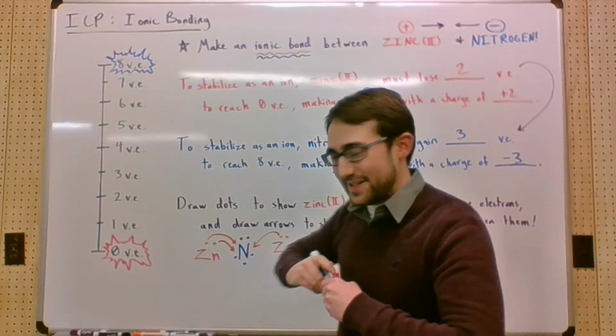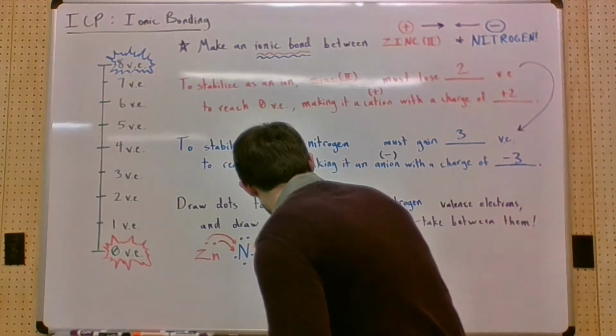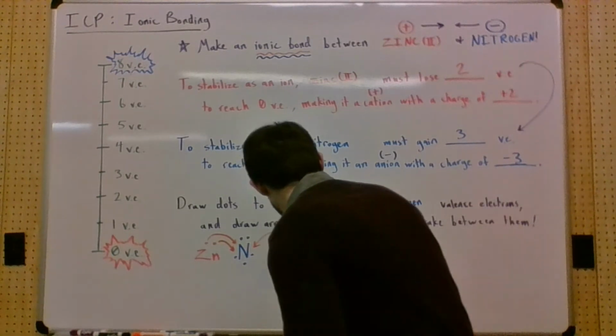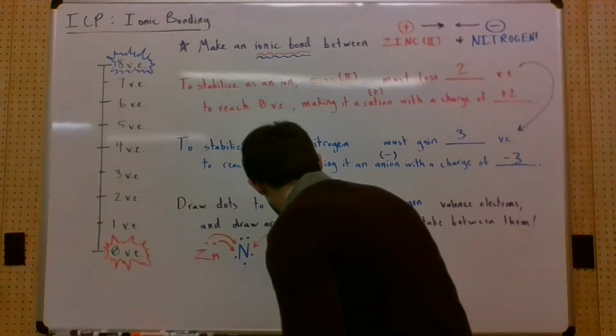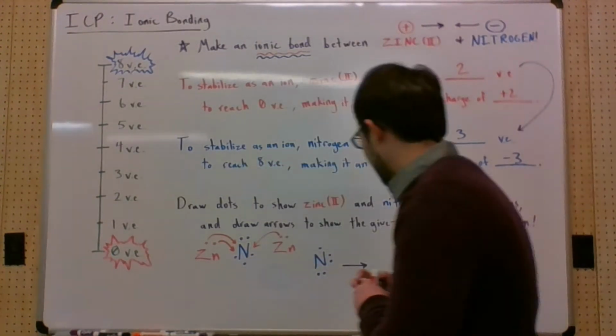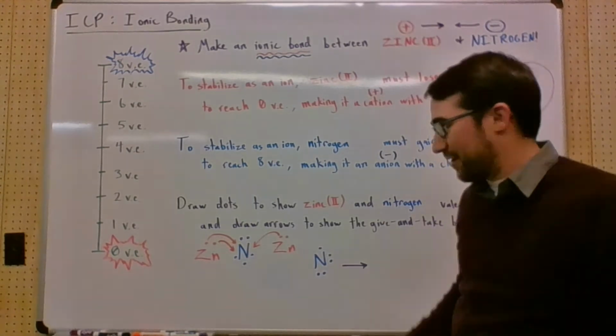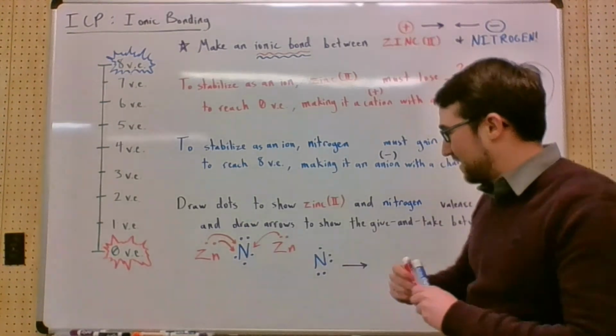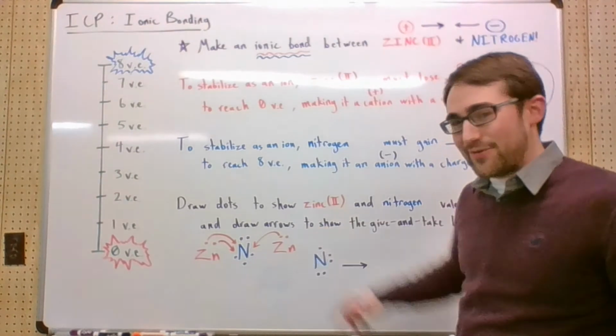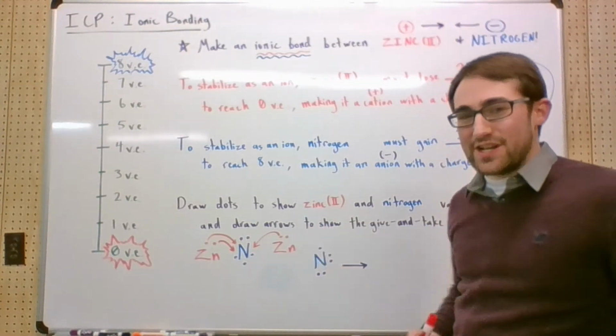This is going to get a little messy. Okay, so I've got my nitrogen over here with 5 valence electrons. That's something I can give this electron away to, so my zinc can shell out that one.